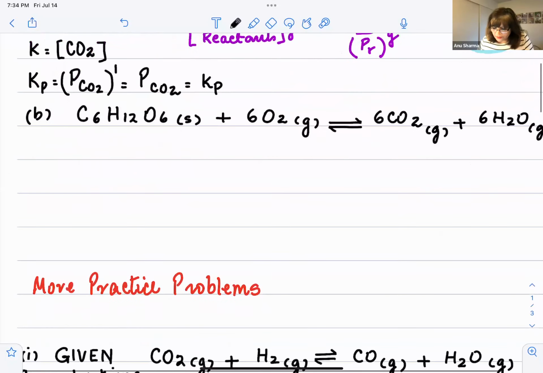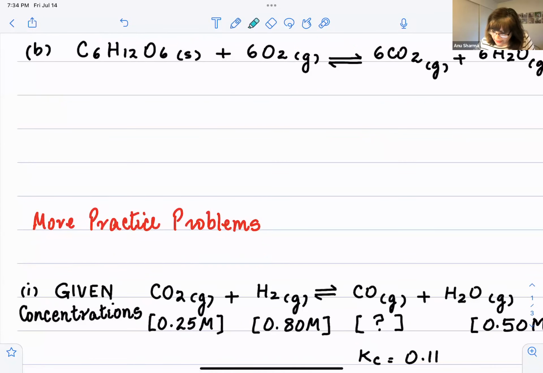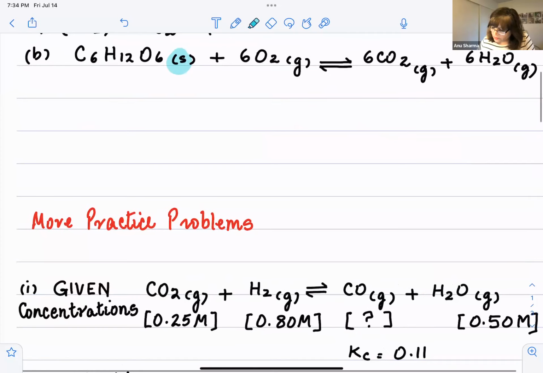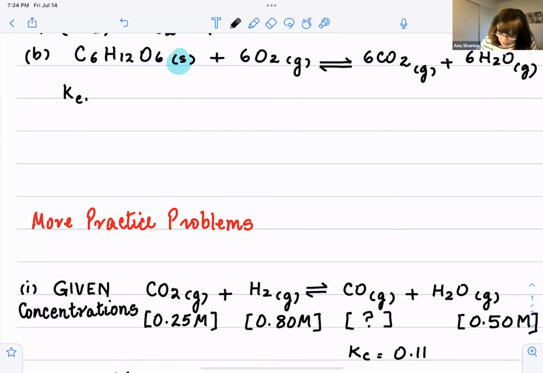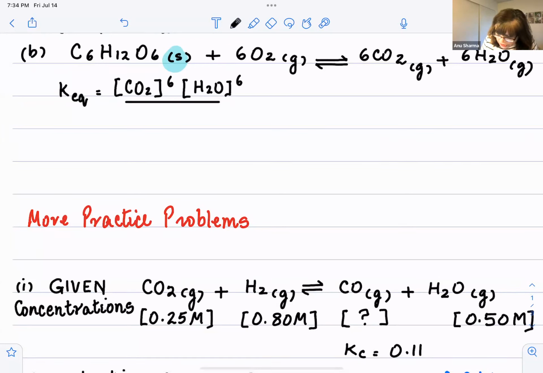Next, let's look at the next example here. Once again, we have a solid, so for the solid, it's just 1. And the rest are all gases. So the value of Keq or K is equal to the concentration of the products: the concentration of CO2 raised to the power 6 multiplied by the concentration of water, H2O, raised to the power 6, over the concentration of the reactants, which is C6H12O6.